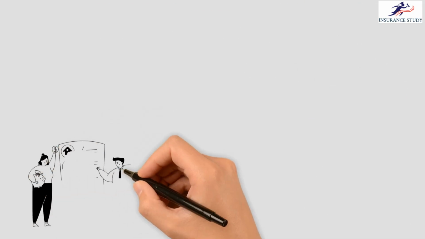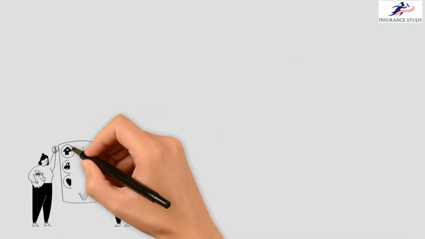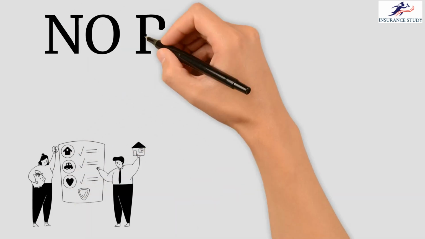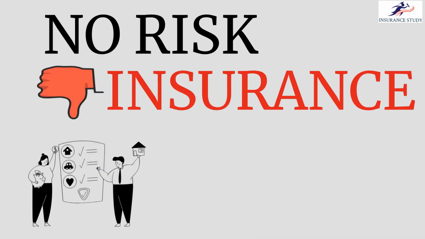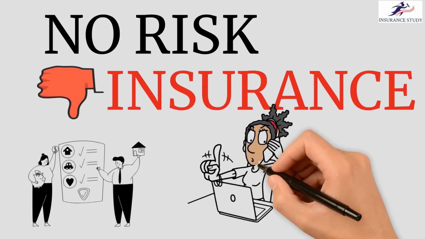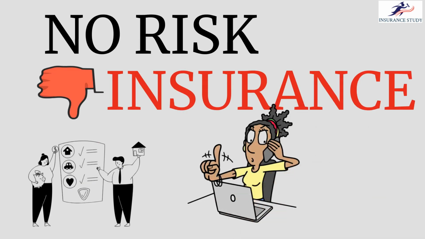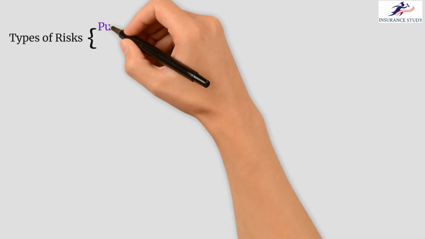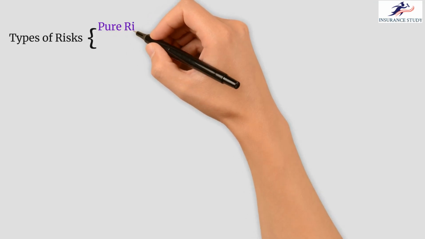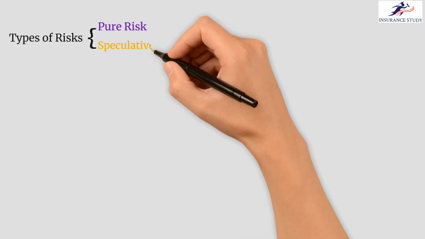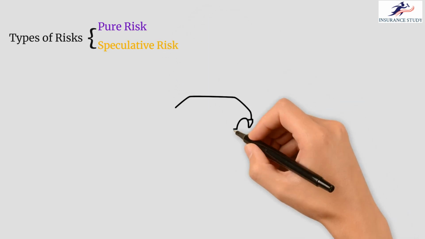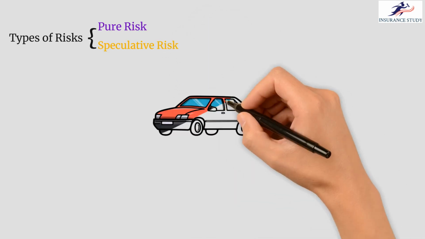Insurance exists because risk exists. If there is no risk, there can be no insurance. However, not every type of risk is insurable. And this brings us to our next concept, pure risk and speculative risk. Example, imagine that you own a car.